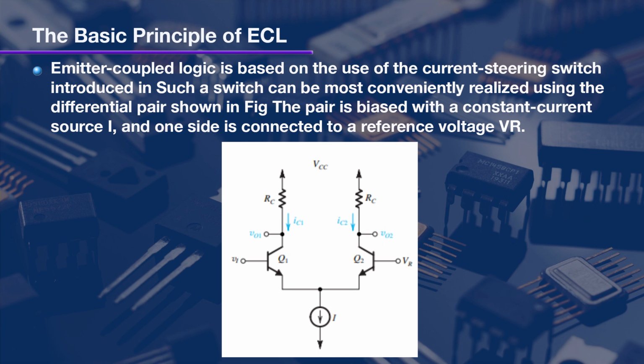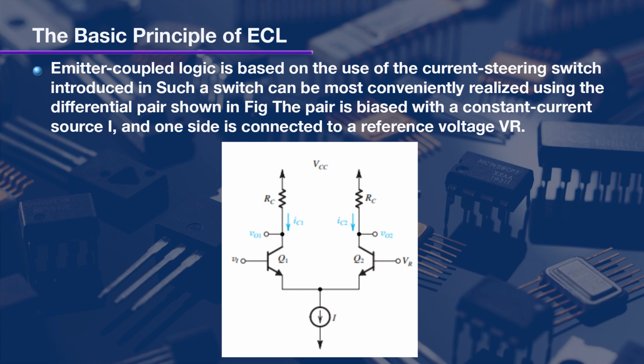The pair is biased with a constant current source I, and one side is connected to a reference voltage VR as shown in the figure. The current I can be steered to Q1 or Q2 under the control of the input signal Vi.